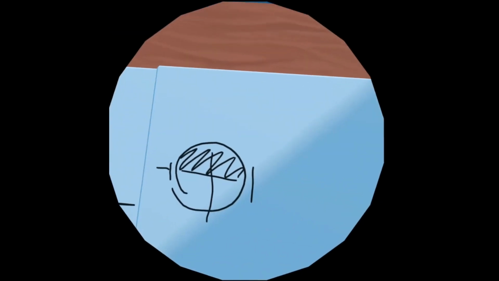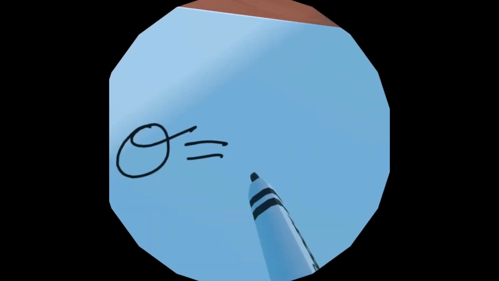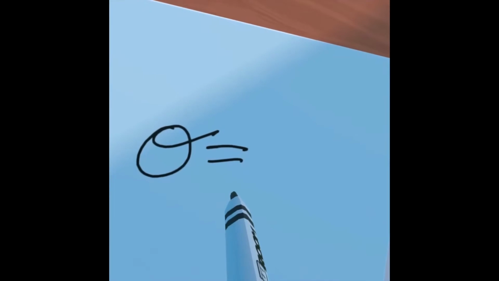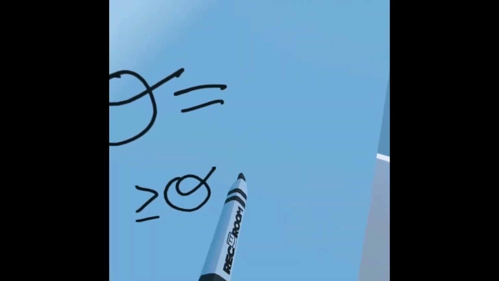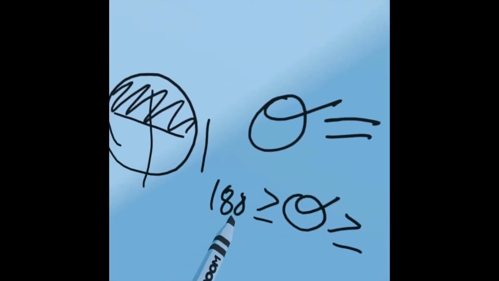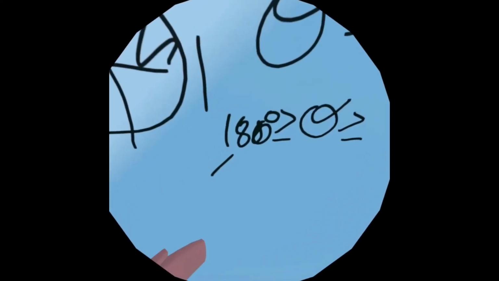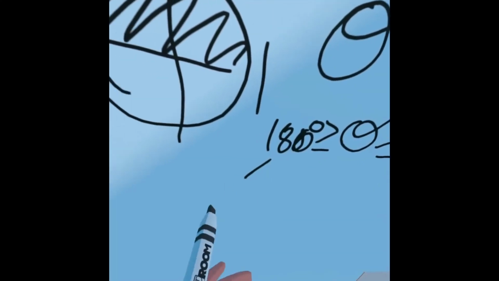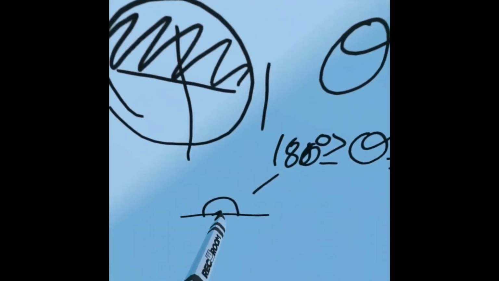So what does that mean? Theta is going to be less than or equal to 180 and greater than or equal to 0, because 180 degrees is a line and that angle.